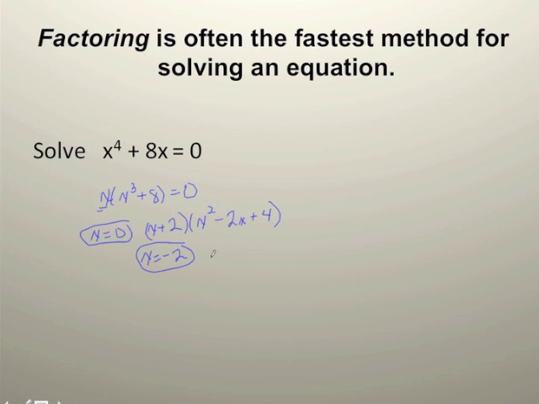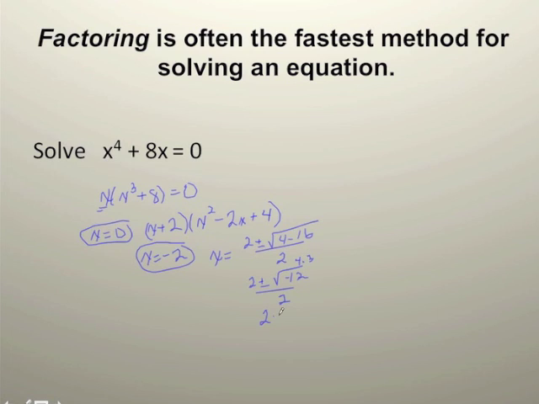I don't think this will factor, so I'll have to use the quadratic formula. x equals 2 plus or minus the square root of 4 minus 4ac, so 4 minus 16, all over 2a. So 2 plus or minus the square root of -12 over 2. See, 12 is 4 times 3.